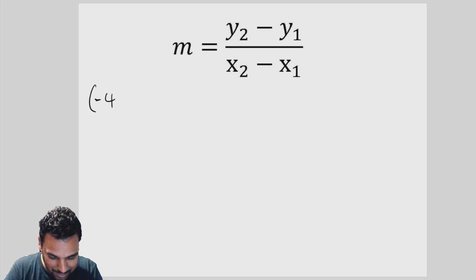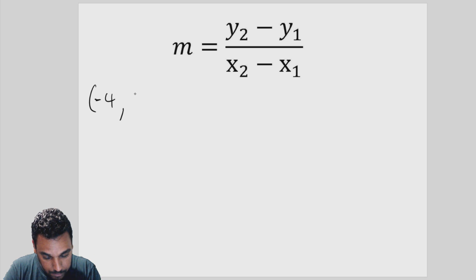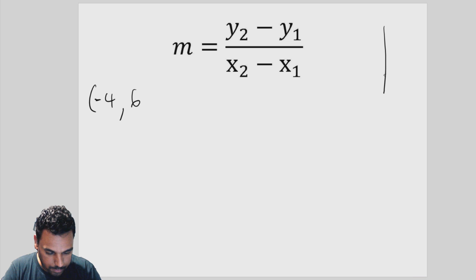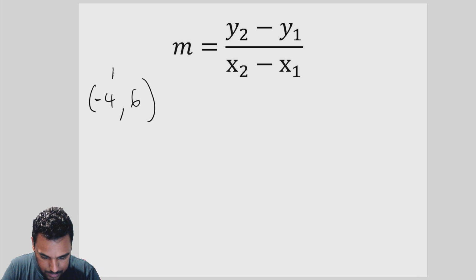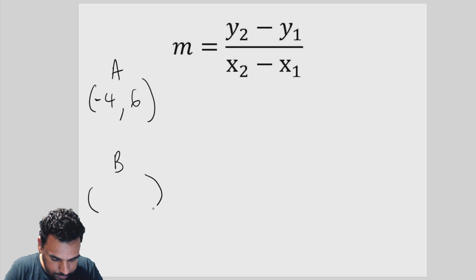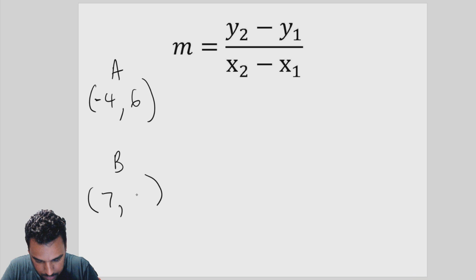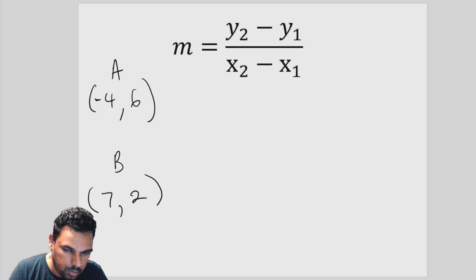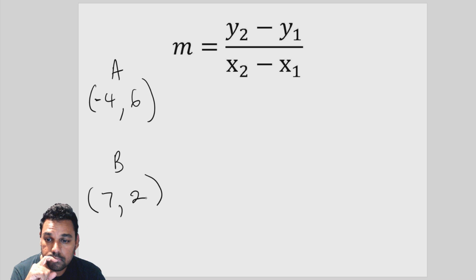Yeah, you're probably thinking that's not very nice, but you need some negatives. That's for you to do. Let's call this A, and let's call point B (7, 2). Okay, pause the video and try this one.